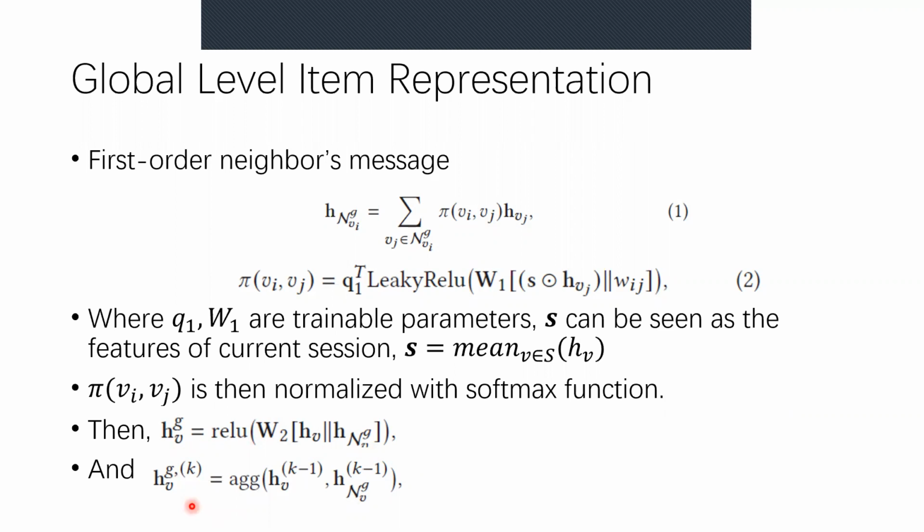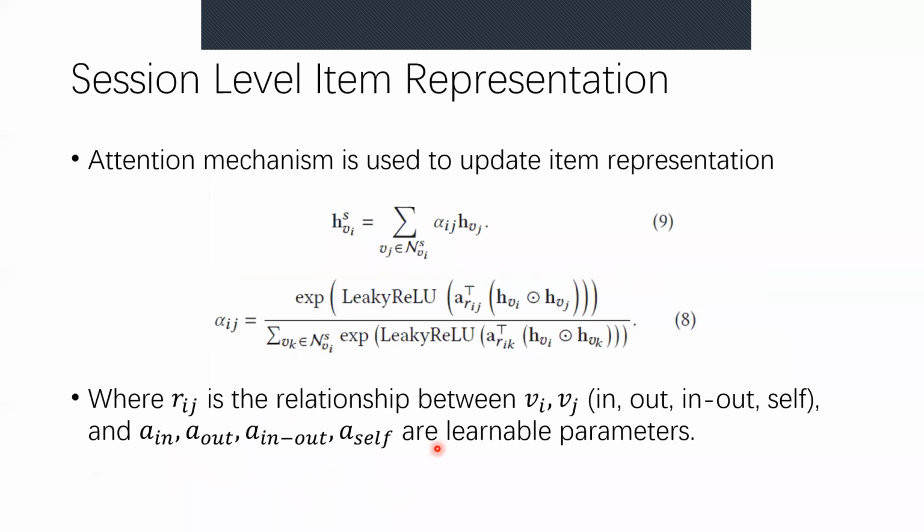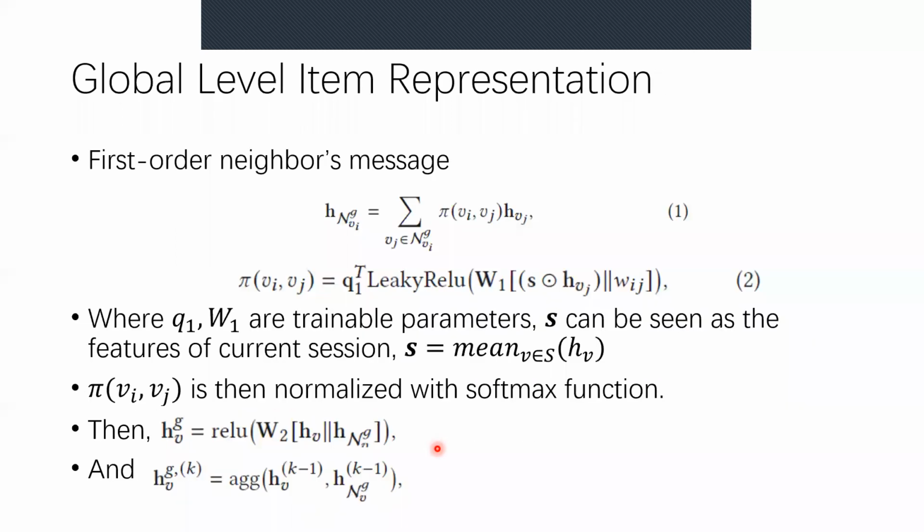And then the final item layer aggregates the message of the previous layer and its neighbors together to get this one. So it's a GNN that designs its own message passing framework, but it's basically just a GNN. So that's the global level item representation.